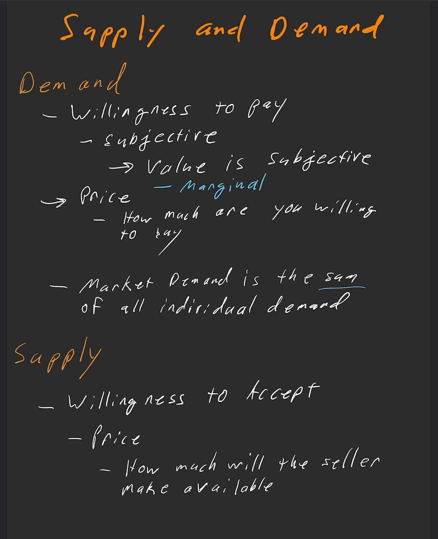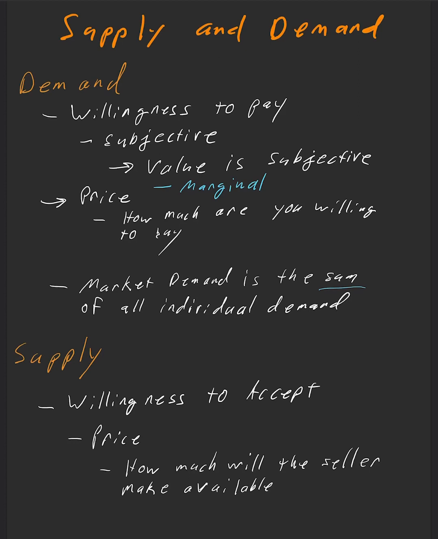Now, because of the way that value works and the way that we think about the use of particular items, Austrian economists are fond of saying supply is just demand in disguise, right? Because we're selling things in order to get other resources that we're going to use for other tasks.